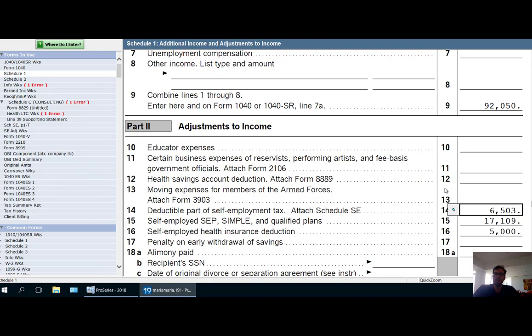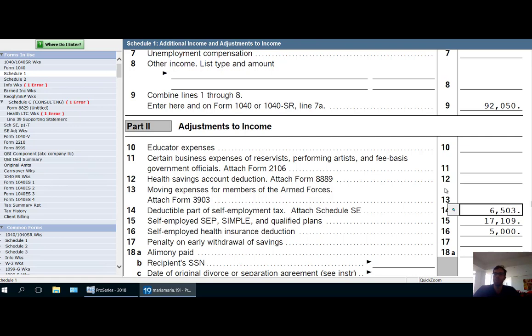The SEP-IRA is a little bit different than the traditional IRA and the Roth IRA. You can put a lot more money into it. You can put around 25% of your net income, up to a certain threshold, into your SEP-IRA if you're self-employed. If you have employees, you're required to put money into their IRAs too, as long as they've been around for a couple of years.